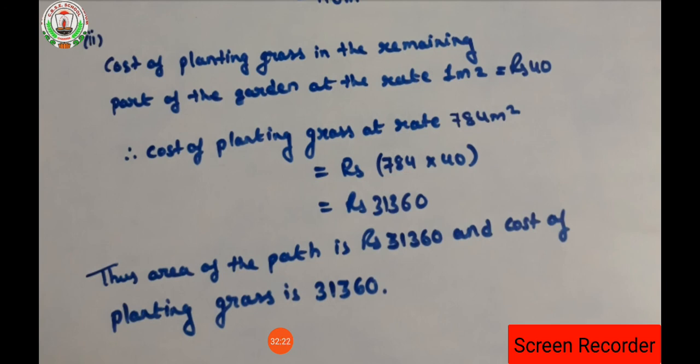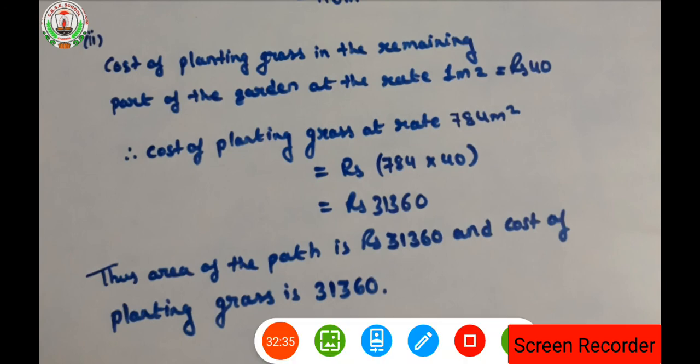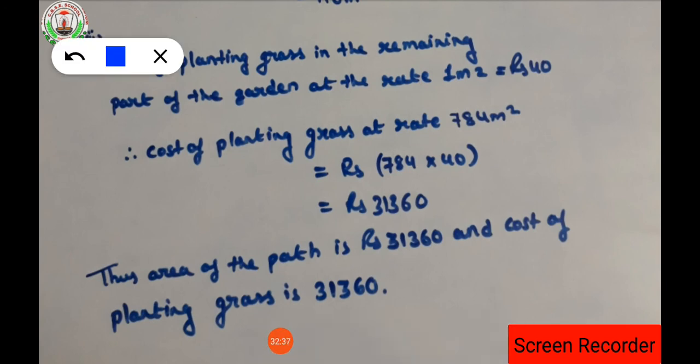So the area is 784 meter square, and the cost of planting grass is rupees 31,360. Here student, one thing you have to do: you have to write 784 meter square, and the cost of planting is rupees 31,360. Clear? So please write it.